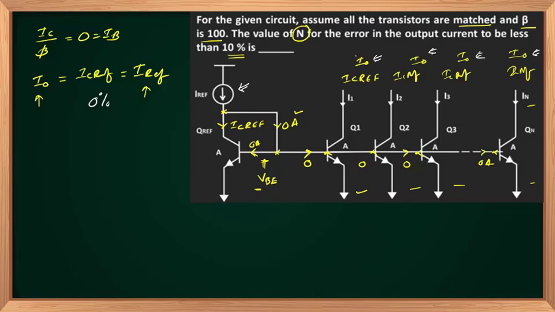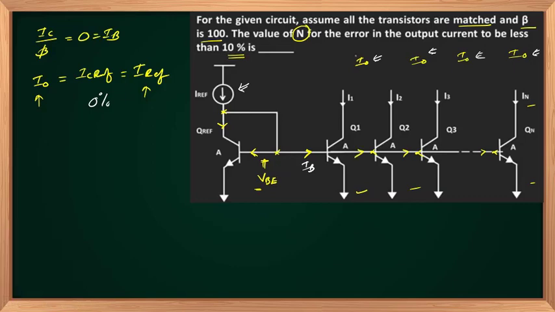In this question, beta is finite. If beta is finite, I'll have some other value here. The base currents are not equal to 0; they are finite but not equal to 0. And the output currents are not equal to IC reference. As my VBEs are the same, I will have the same base currents, but they are not equal to 0 as beta is finite, equal to 100.